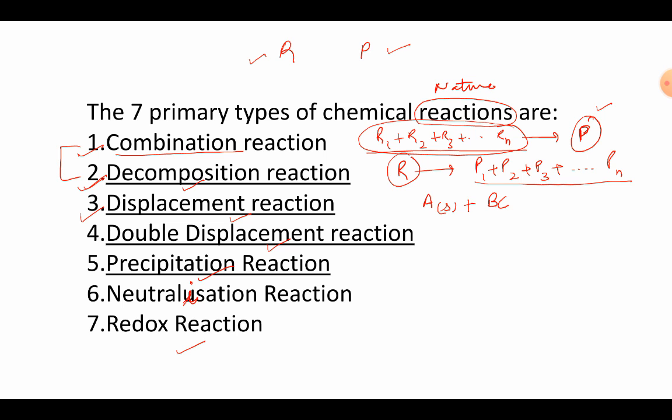Let us say the aqueous solution is BC. Now if A is more reactive than B, it will displace it, it will shift it, and will form AC as the aqueous solution, and B will be displaced into the solid form. So we all can see that there is shifting taking place. So a more reactive element can displace a less reactive element.